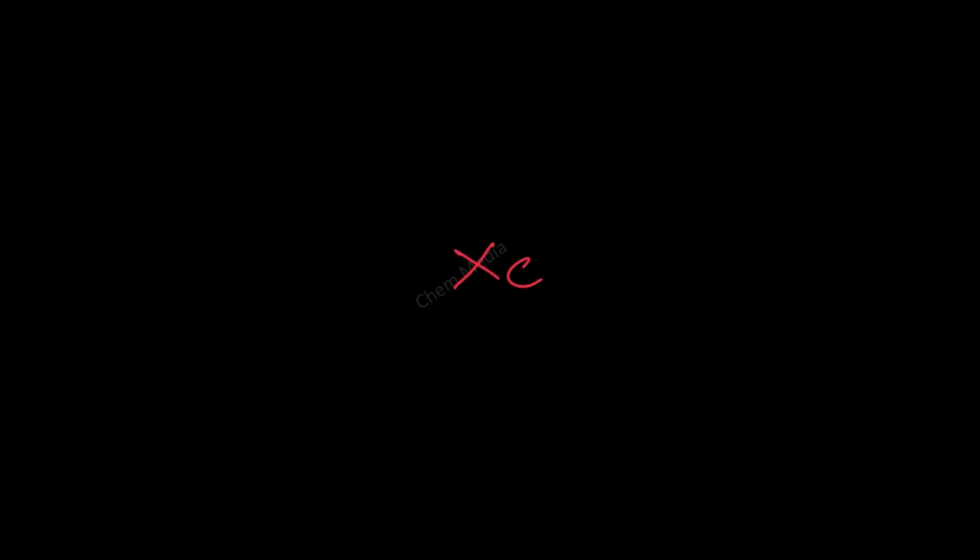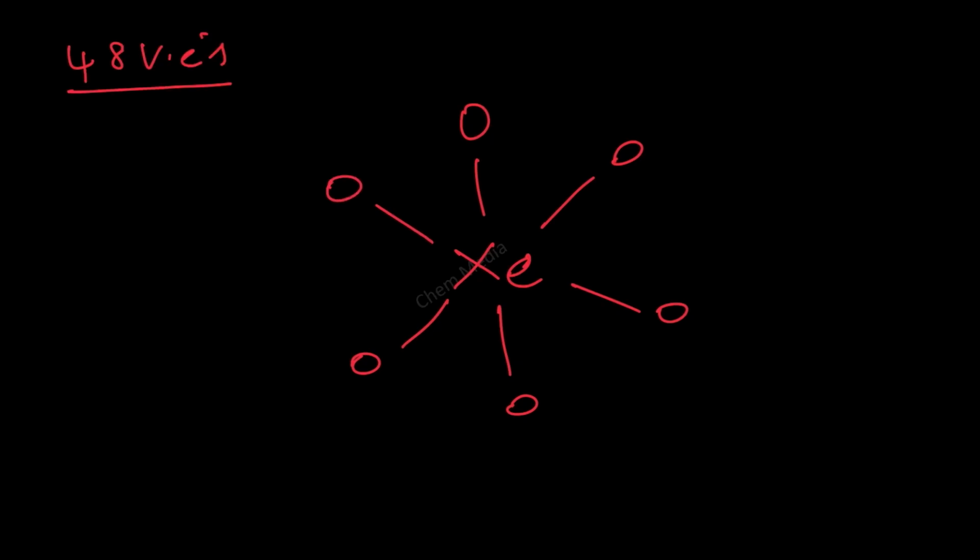Xenon comes at the center, and then let's make one bond pair with each oxygen atom. In that way, we would utilize 12 valence electrons. Now if we put 3 lone pairs around each oxygen, then basically we have accounted for all the valence electrons, isn't it?